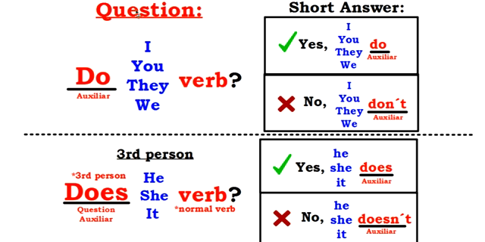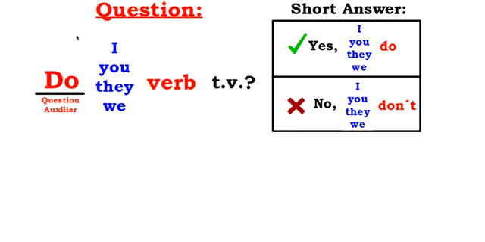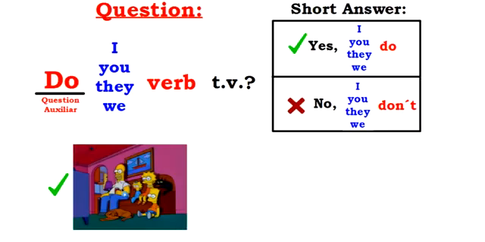Okay, remember, for the question, we use the auxiliary do or does to start the question. Then the subject, then the verb. Very good. So let's practice. For example, the question is do they watch TV?